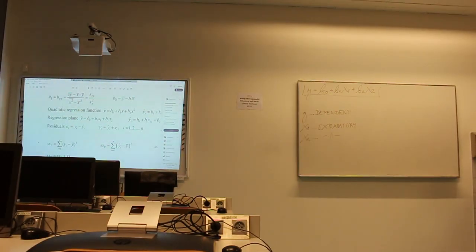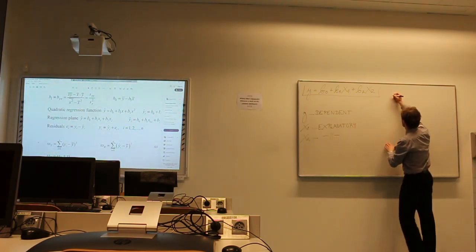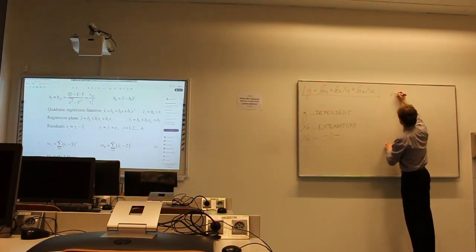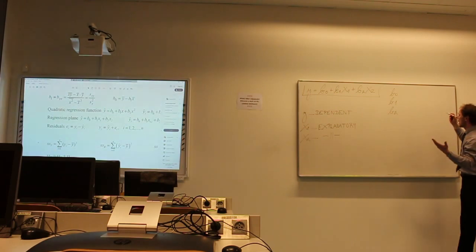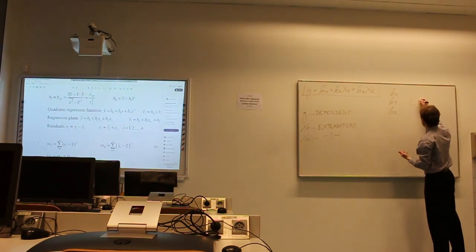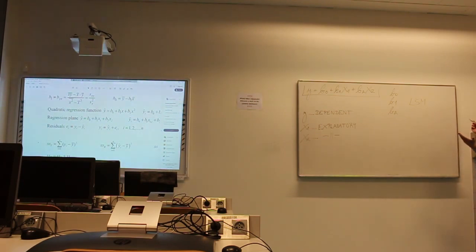So we would like to estimate the parameters of this regression plane. So we need to estimate B0, B1 and B2. Yes, three coefficients. Again, we will use least squares method.